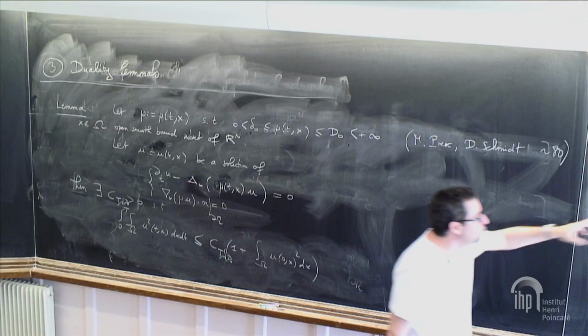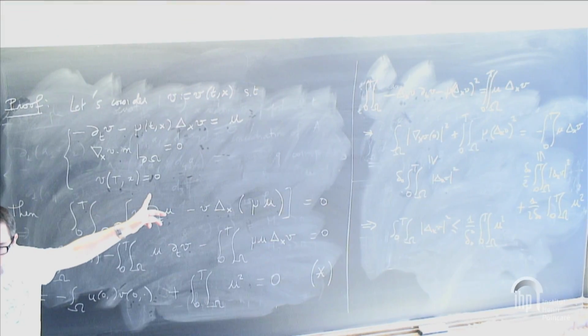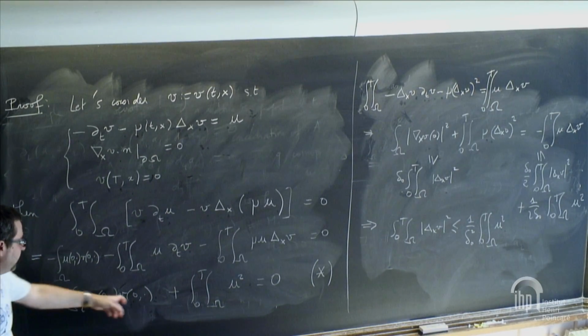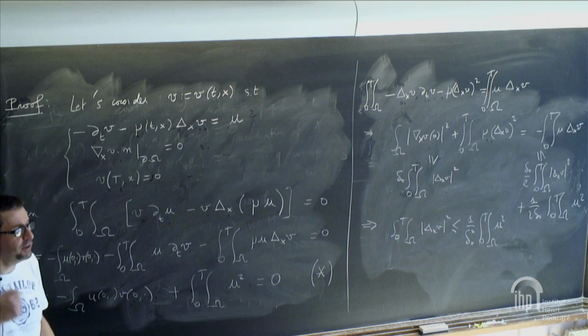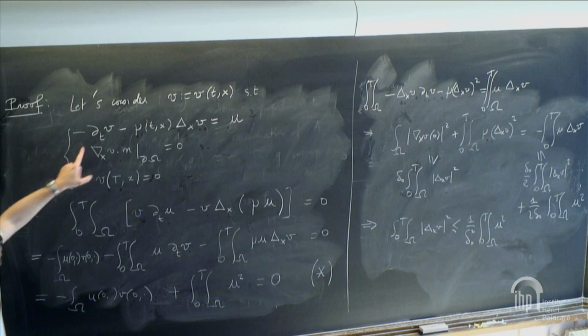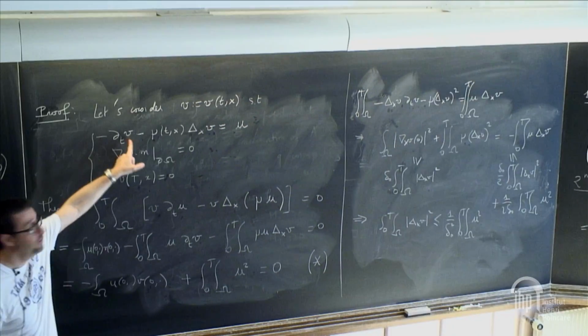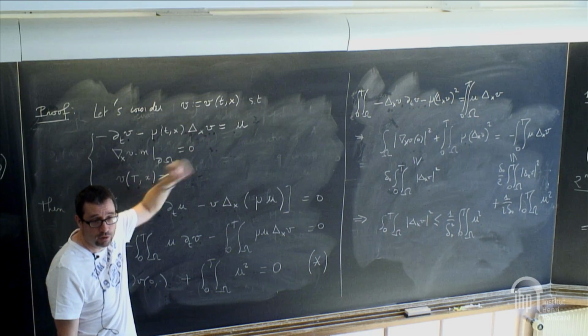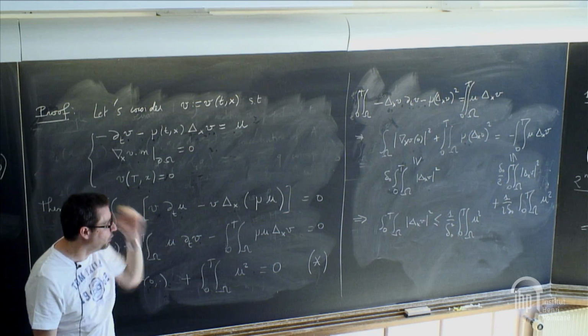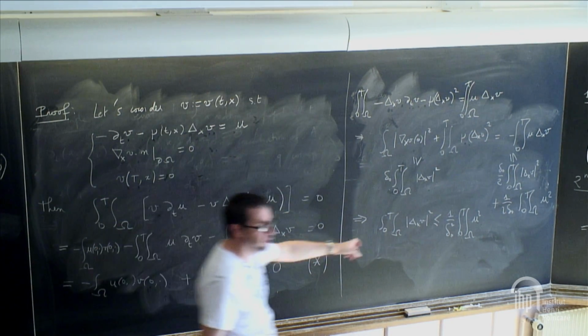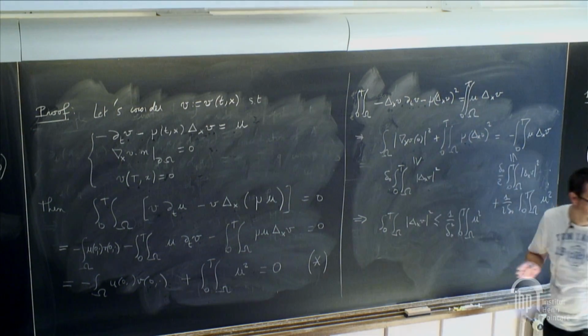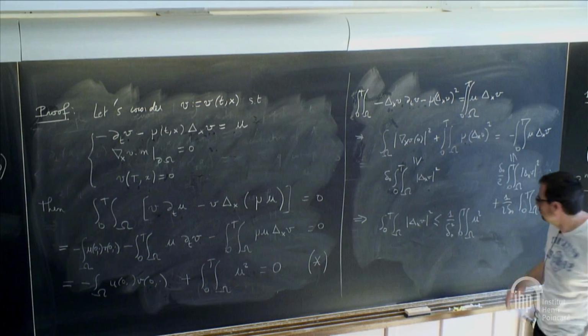Because we already know that V at time capital T is equal to 0. So I can relate this to the derivative in time of V. But then the equation tells me that the derivative in time of V can itself be related to the Laplacian of V, okay? So I can relate this to this.